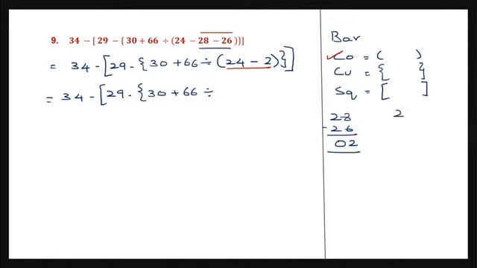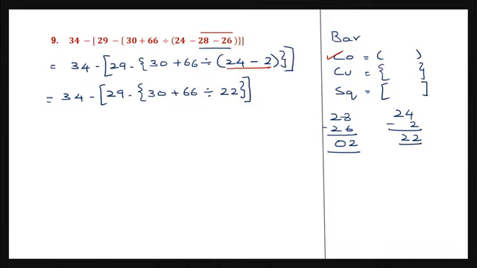So let's do that. 24 minus 2. 4 minus 2 is 2 and then 2, here we've got 22. So here we write 22 and open the common bracket, but don't forget to put back the curly bracket and the square bracket.